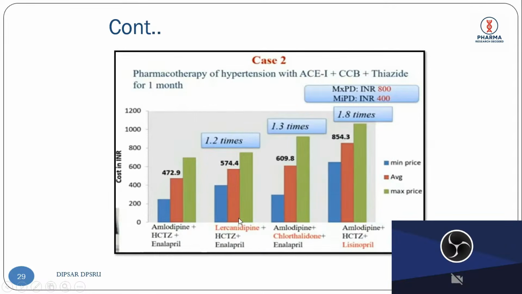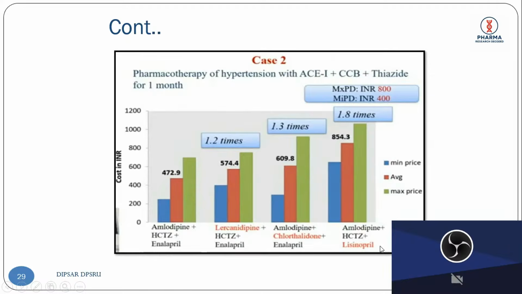But if amlodipine, your calcium channel blocker, is substituted with another one which is not in the essential list, the cost increases 1.2 times. If hydrochlorothiazide is replaced with another diuretic of the same category, chlorthalidone, how much will the cost increase? If you replace enalapril, an angiotensin converting enzyme inhibitor, with lisinopril, which is also an ACE inhibitor, you can see how much the cost has increased.